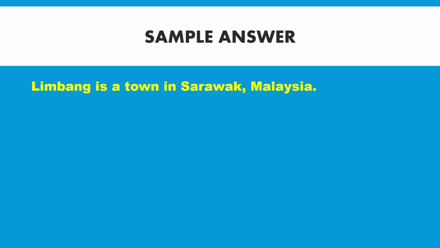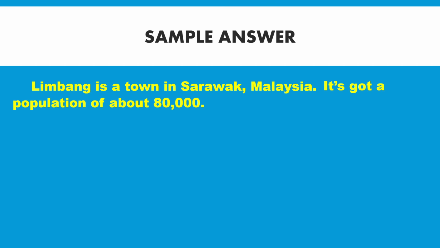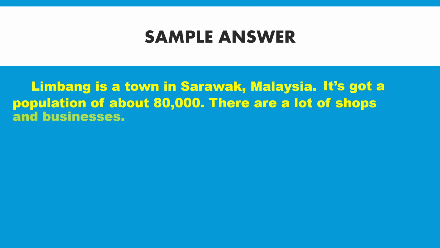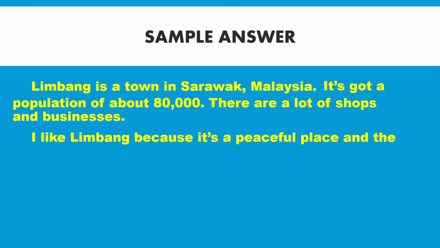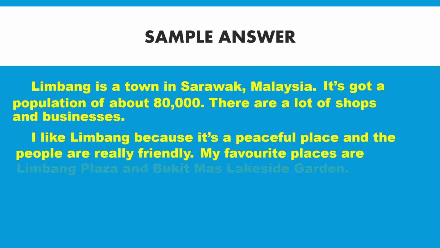Limbang is a town in Sarawak, Malaysia. It's got a population of about 80,000. There are a lot of shops and businesses. Finish paragraph 1. Next paragraph. I like Limbang because it's a peaceful place and the people are really friendly. My favorite places are Limbang Plaza and Bukit Mas Lakeside Garden. Finish paragraph 2.